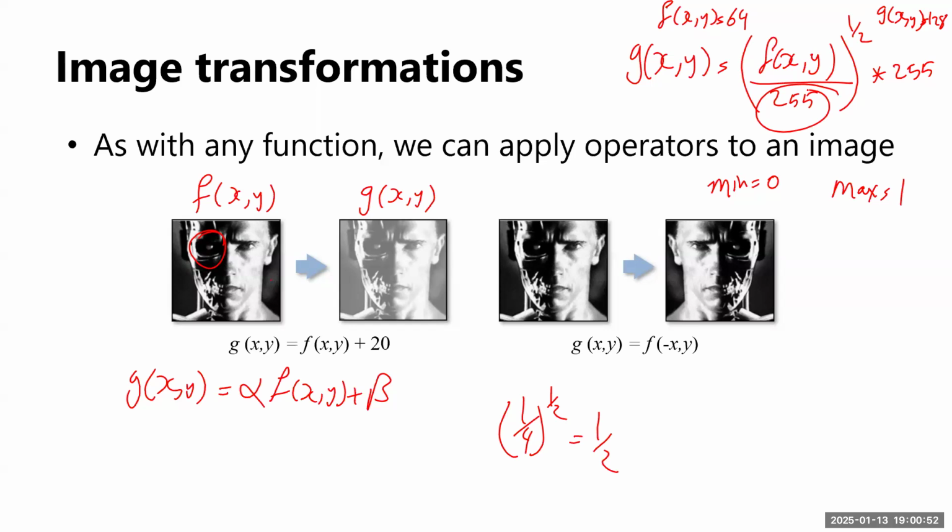What if I want to reduce the value of the pixel? What exactly do I need to change in this formula to reduce the value? It was 64, I want it to be reduced. What exactly do I need to change? The power, it needs to be 2. Exactly. So instead of having a fraction here, make it an integer greater than 1.